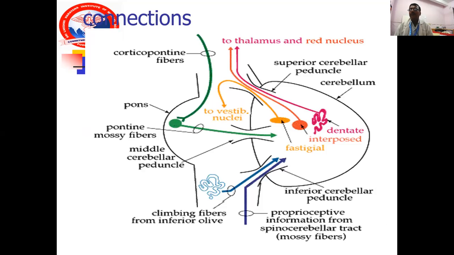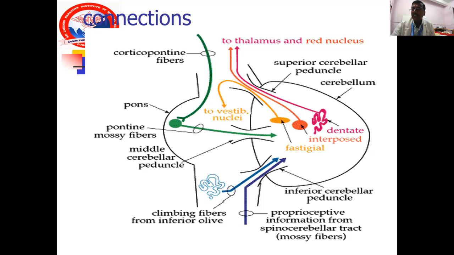Again, connections of the cerebellum. As usual, I already told, from the pons, the impulse, the green color one, enters into the cerebellum to the fastigial nuclei. And another input, the climbing fiber from the inferior olivary nucleus, that is the blue color one, enters through the middle cerebellar peduncle to the cerebellum.